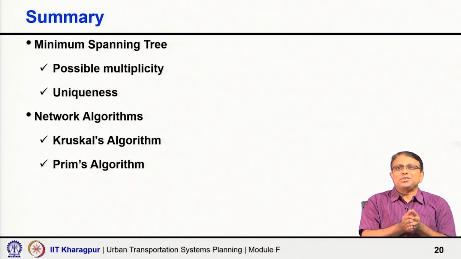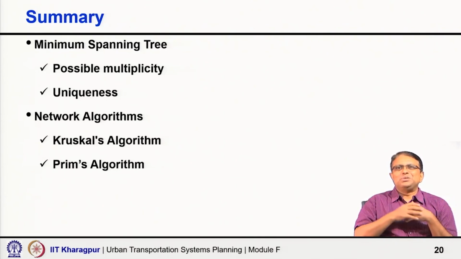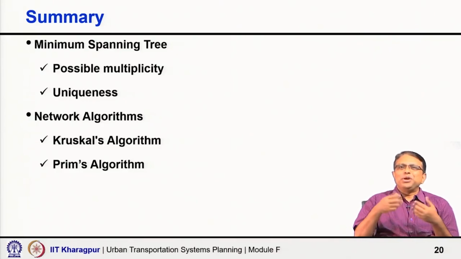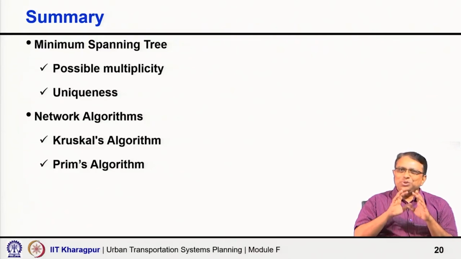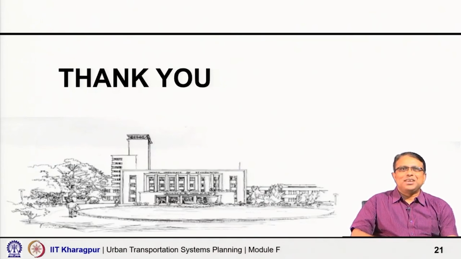Somewhere the existing capacity is not adequate and roads are congested, so you start building, and finally you come to a full-fledged network development, as you see in big cities like Calcutta, Delhi, Mumbai or Chennai, where for practically any point to any point, nearly for all OD pairs, you have alternative paths. There the problem will be to find the shortest path. So, we shall continue our discussion in the next lecture about how to find the shortest path. Thank you so much.